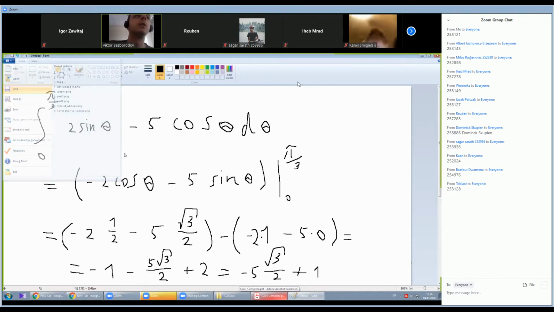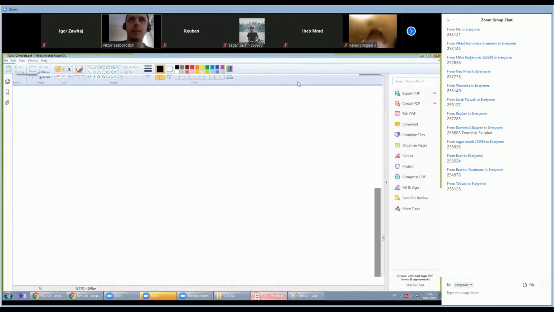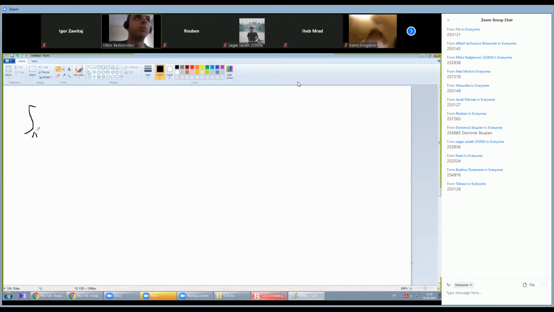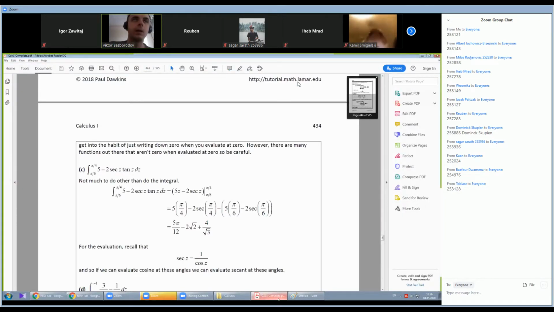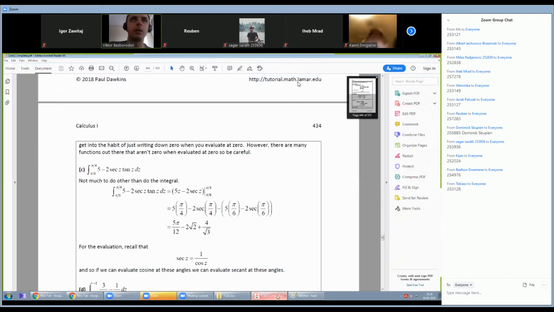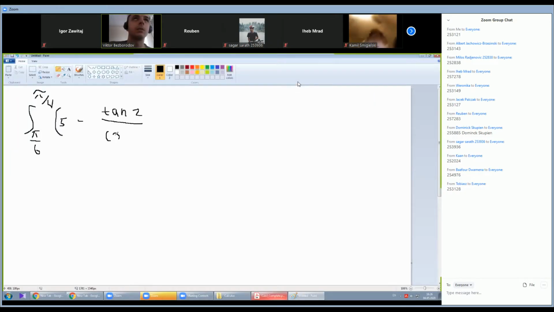The integral from pi over 6 to pi over 4 of 5 minus 1 over cos, so tangent of z divided by cosine of z, right? dz.